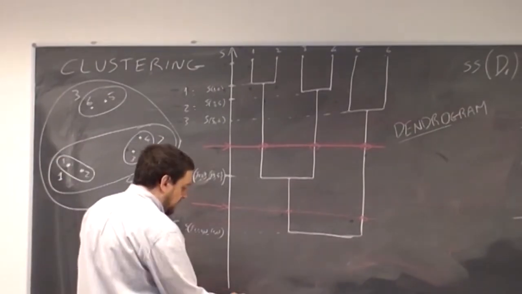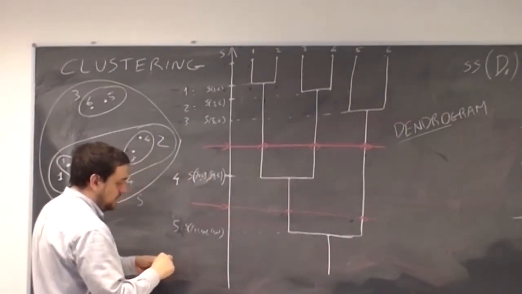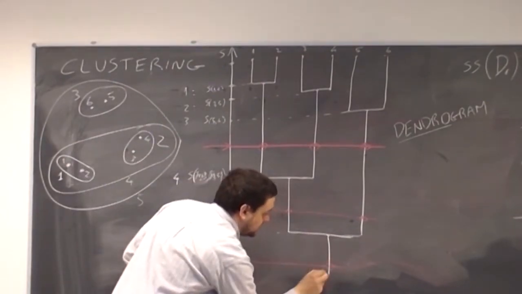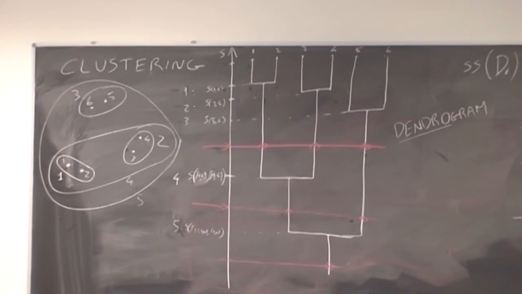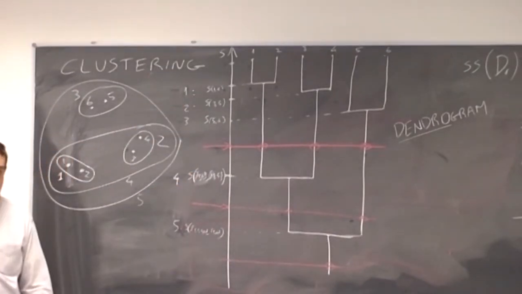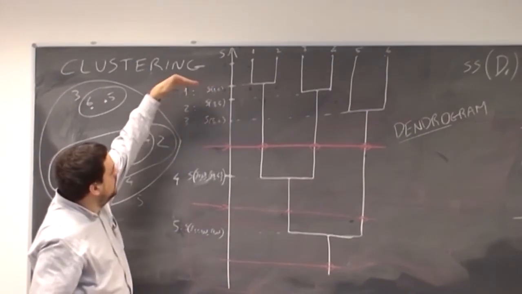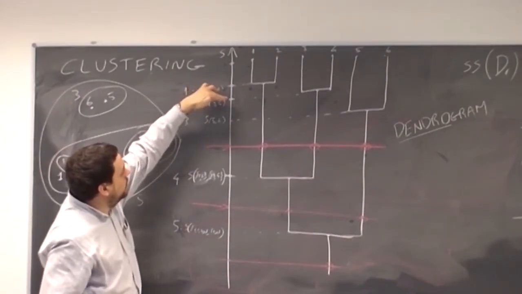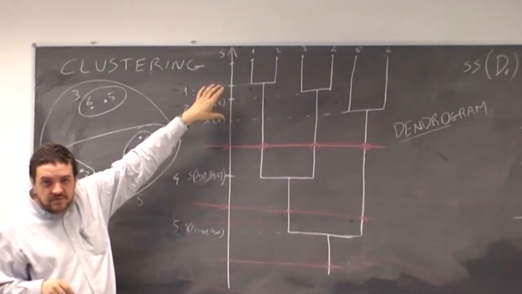Of course, everything below this level of similarity identifies just one cluster, that is the set of all elements. And by looking at this diagram, you can also see that, for example, the first steps were all on very close levels of similarity.